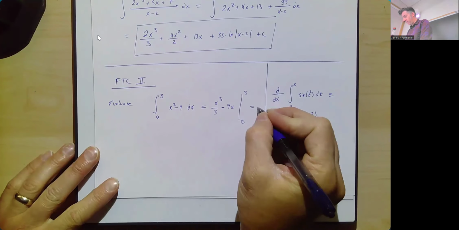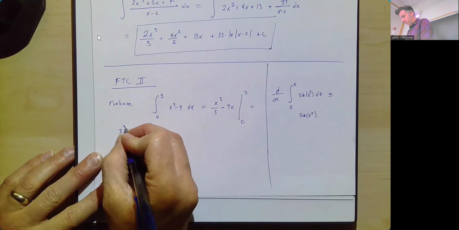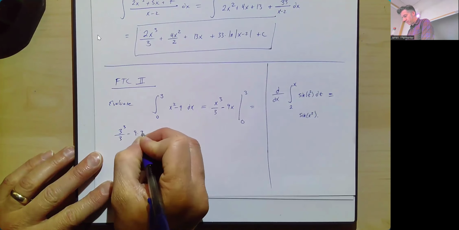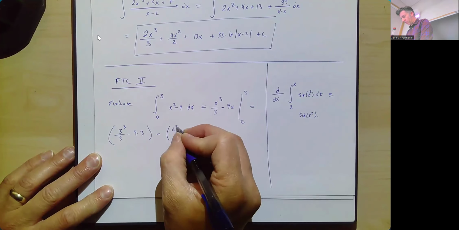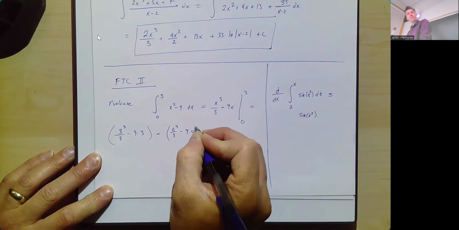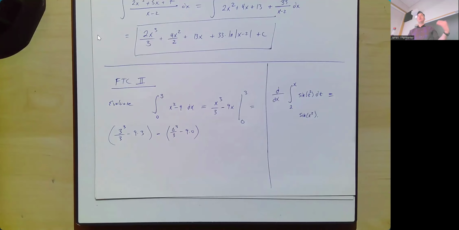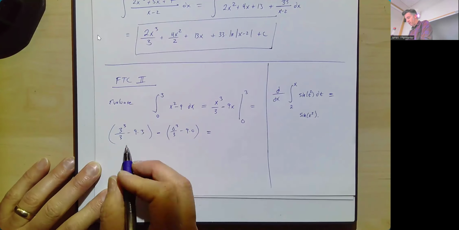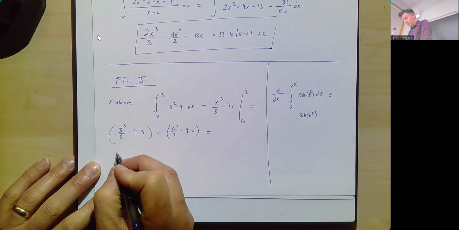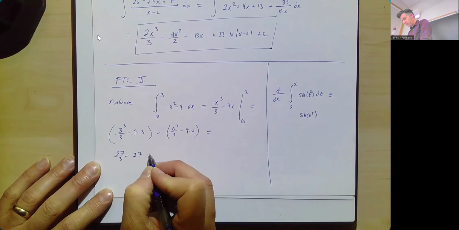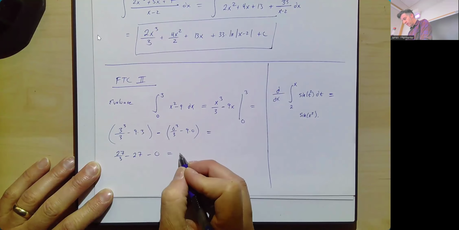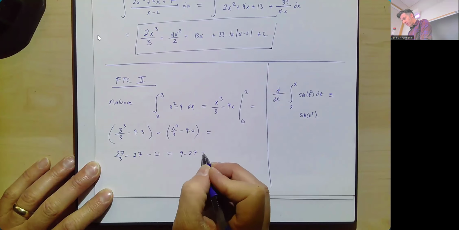If we plug in 3 first, you get 3 cubed over 3 minus 9 times 3. Minus, you plug in 0 second, and you get 0 cubed over 3 minus 9 times 0. A lot of the time when you plug in 0, you will get 0, but not always. So 3 cubed is 27 divided by 3, minus 9 times 3 is 27, minus 0. So we end up with 9 minus 27, which is negative 18.